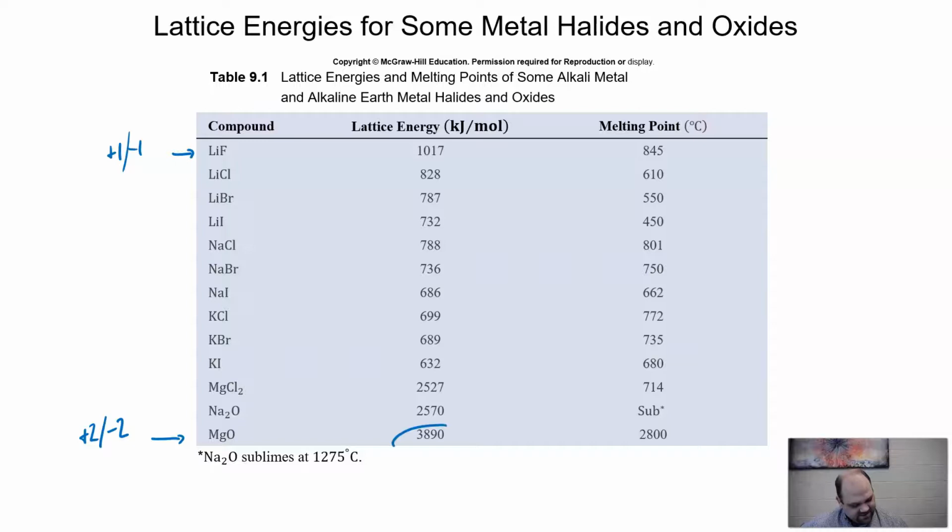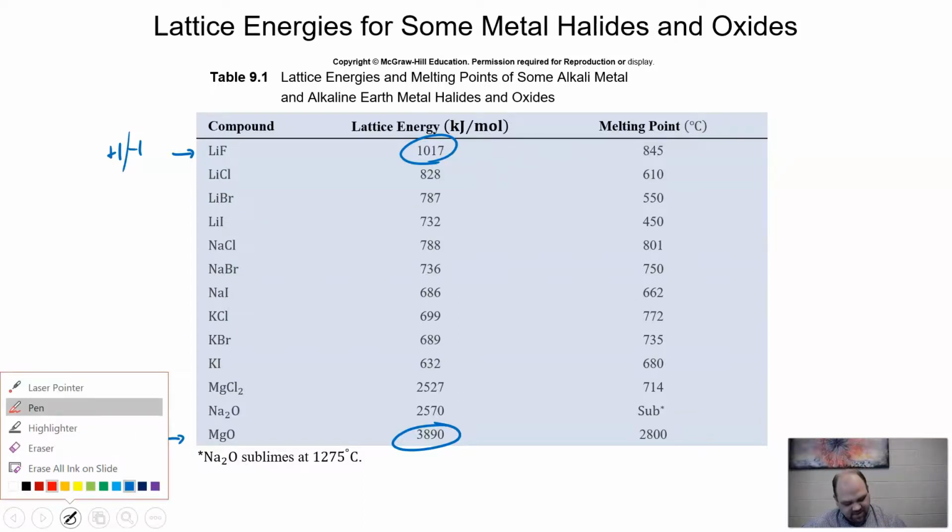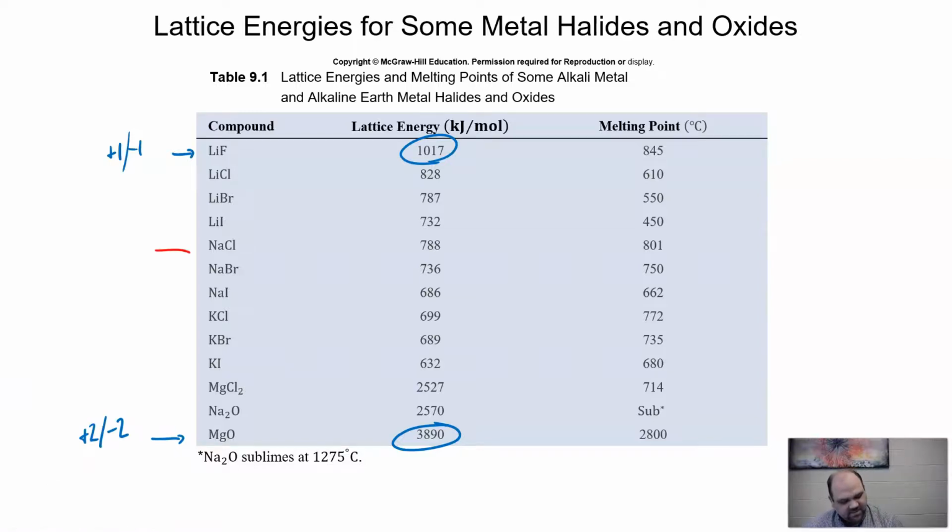If we look here, the lattice energy, 3890, so almost 4,000 versus just 1,000. Again, this is a 1 on top, this is a 4 on top. That difference is almost entirely due to the change in charges. If we pick another pair, sodium chloride versus sodium iodide, these are both +1, -1.